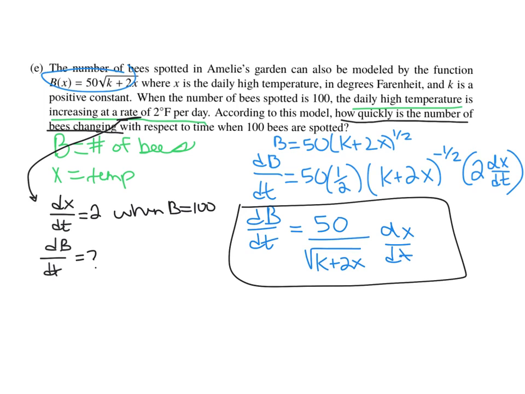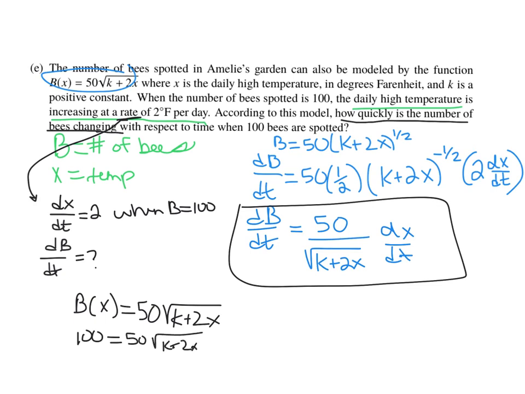So I need to figure out 2 more variables here before I can do anything else. I have this equation B of x is equal to 50 times the square root of k plus 2x. I am looking for the x and the k when B is equal to 100. So I can start by writing an equation there.